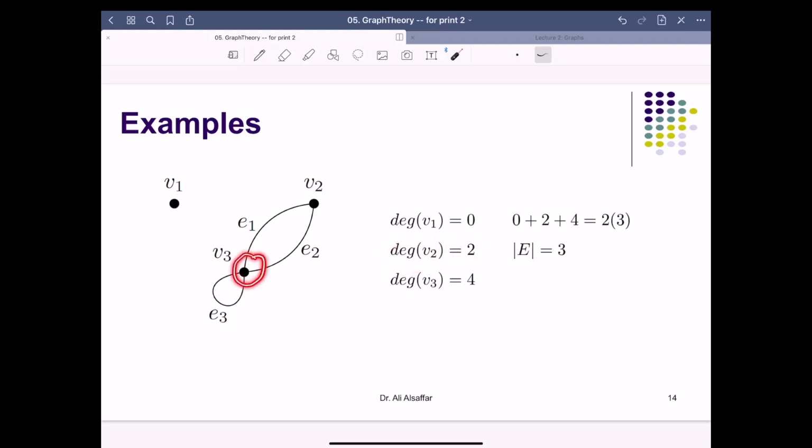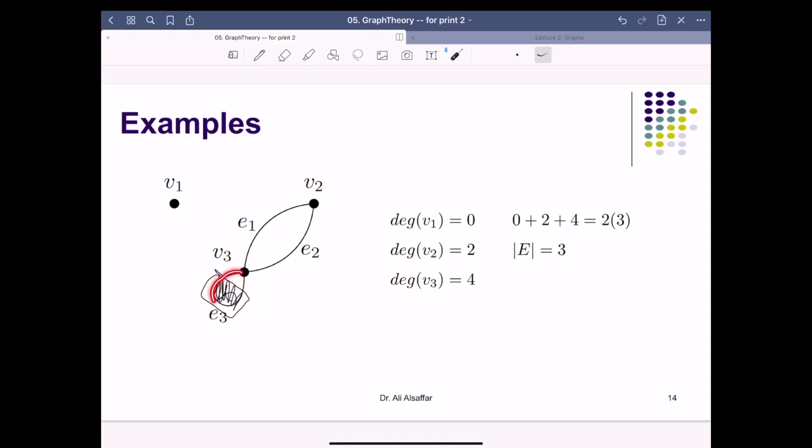Now for V3, if you want to count the edges, this is 1, this is 2. Now for the loop, if you just hide this portion, then notice here you have 2 vertices. So maybe I should draw it here. If you just hide this part, then you can look at it as this is one edge and this is another edge.